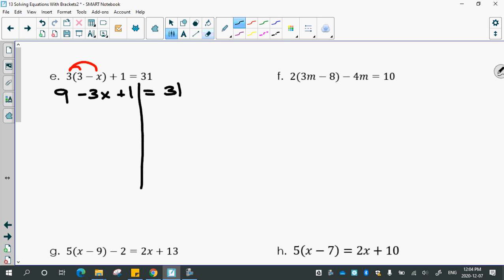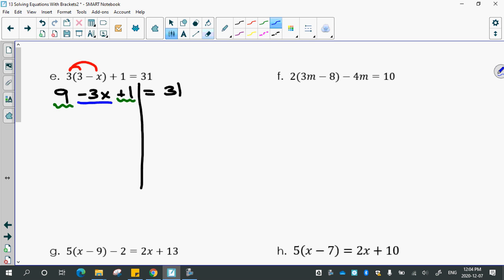Now, if I look at the two sides of my wall, there's only an x in one spot. Does everyone see that? But I do have more than just 2 terms on this side. I've got 2 terms that are just numbers and 1 term that has an x. So I can collect these terms that have numbers. They're just numbers.